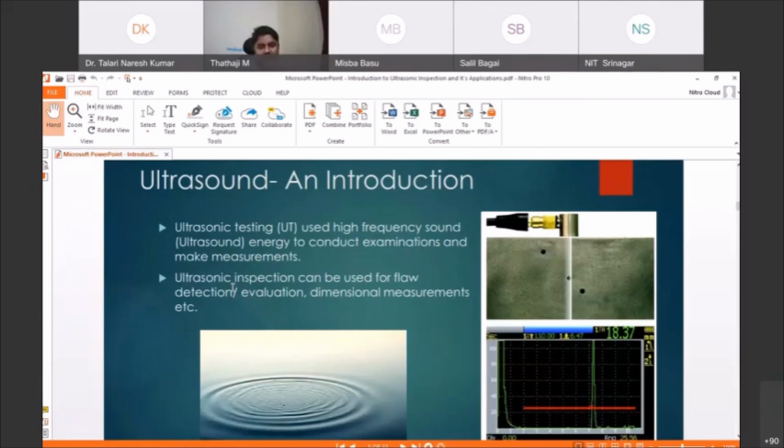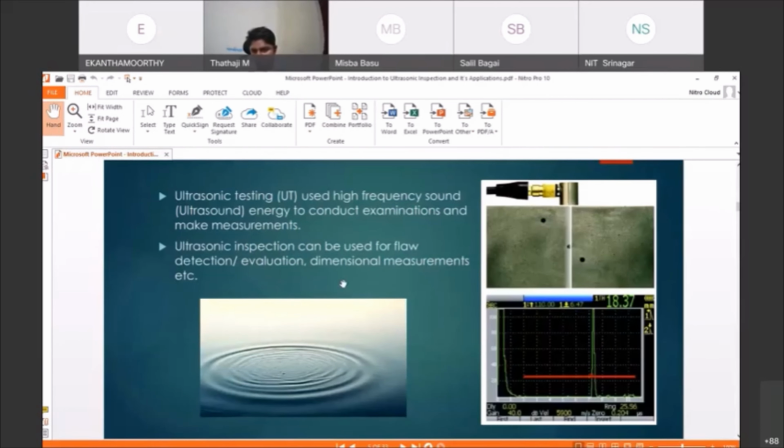But basically, what I'm trying to say is that ultrasonic is a higher frequency, more than 20 kilohertz, which we use to examine materials. Ultrasonic inspection can be used for flaw detection, material evaluation or dimensional measurement.